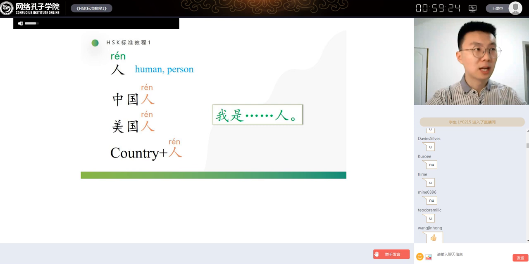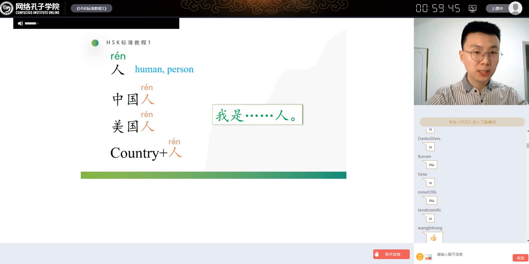human person，中国人、美国人。So we can use a country's name before 人 to introduce yourself, to introduce your nationality. 我是中国人。So do you know how to say your country's name in Chinese? For example, 我是法国人。Very good. French.